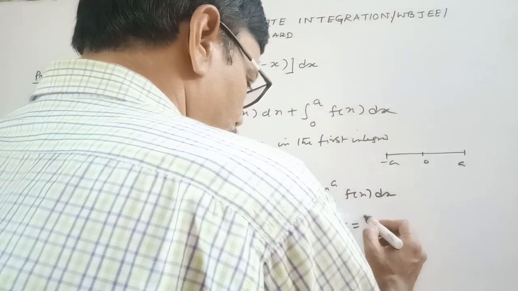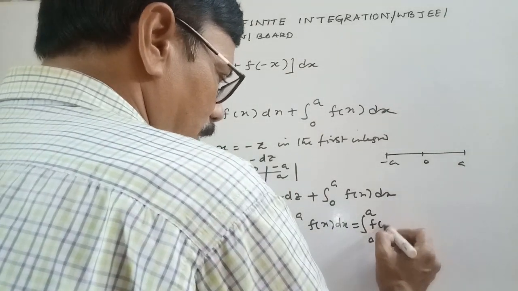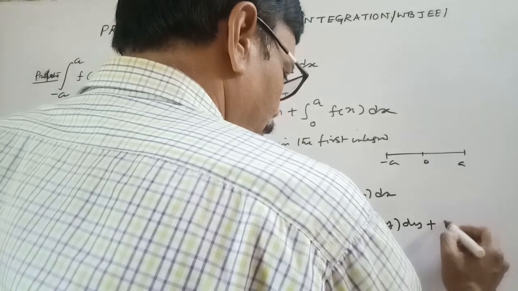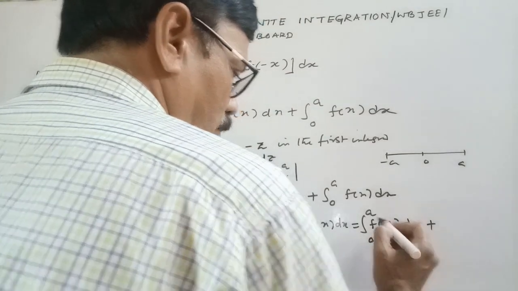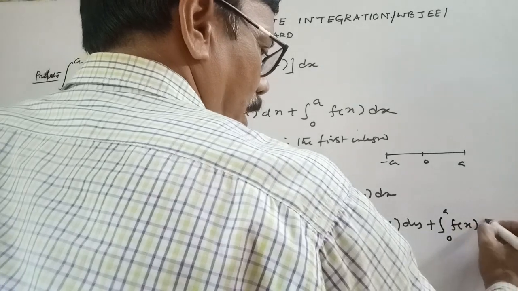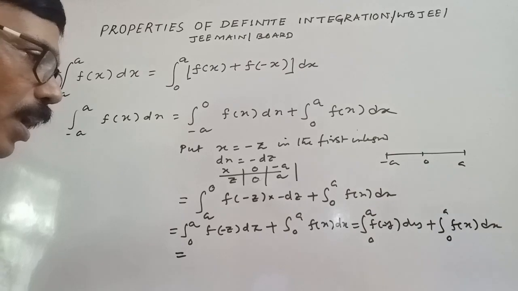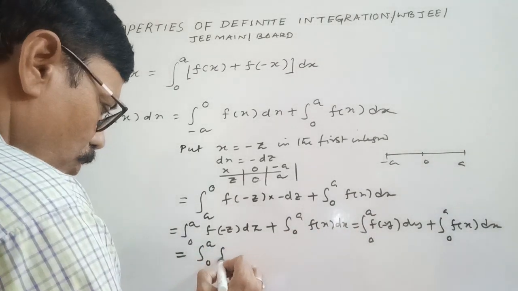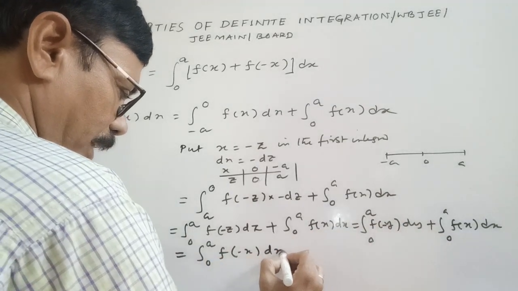Now, we can change the variable z to y, so it is f(minus y) dy plus integral from 0 to a of f(x) dx. Now again changing this variable y to x.